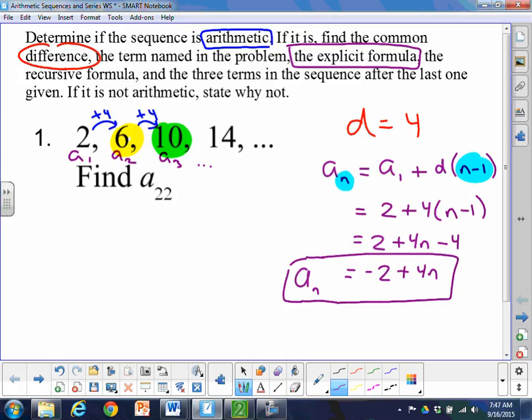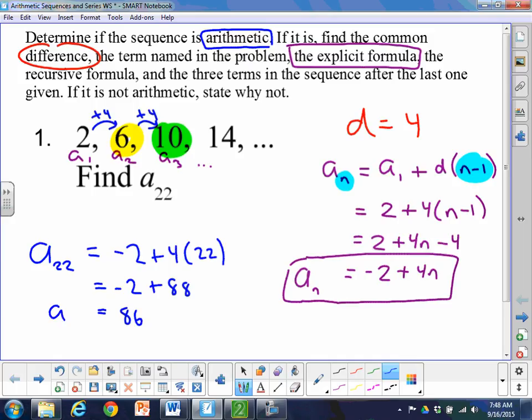You can get any term you want by plugging into that formula. You can get the 100th term, plug in 100 for n. So let's get the 22nd term. a sub 22 is what they asked us for. Using that formula we just got, it's -2 plus 4 times 22. 4 times 22 is 88, so -2 plus 88 is 86.